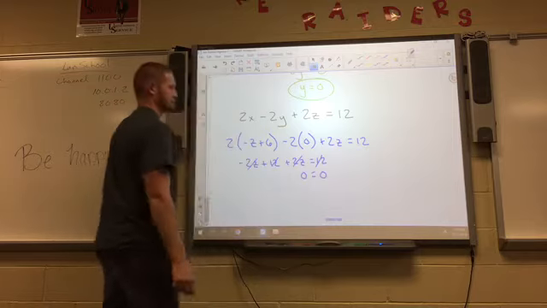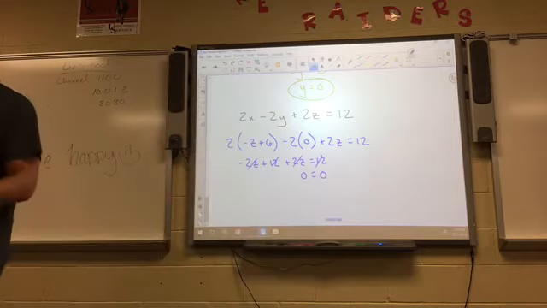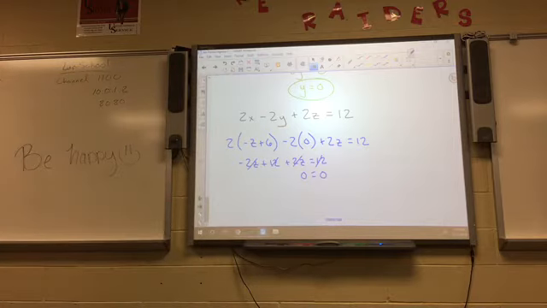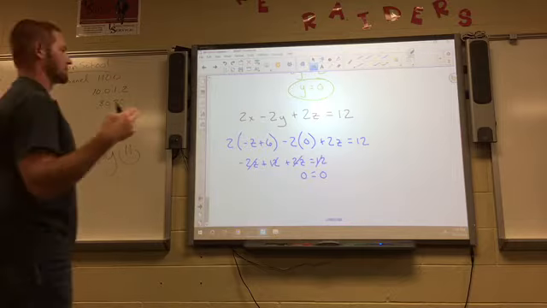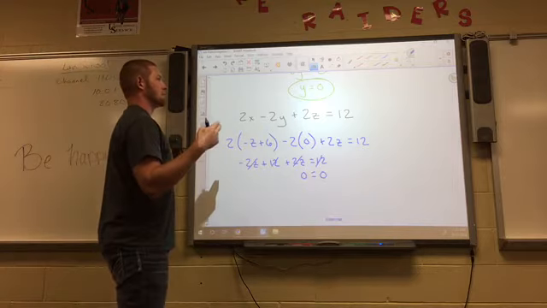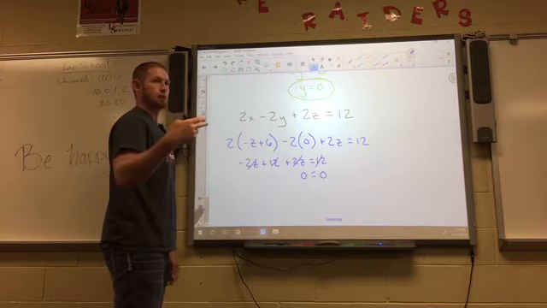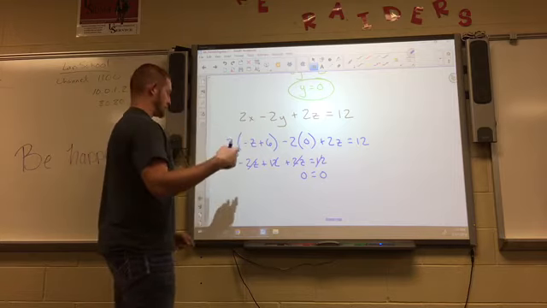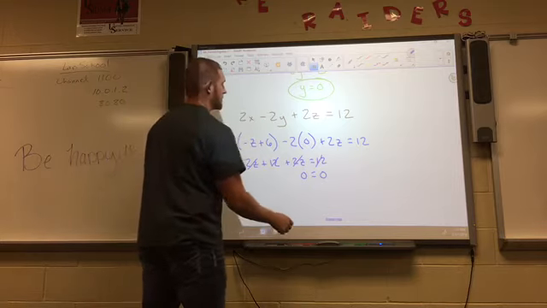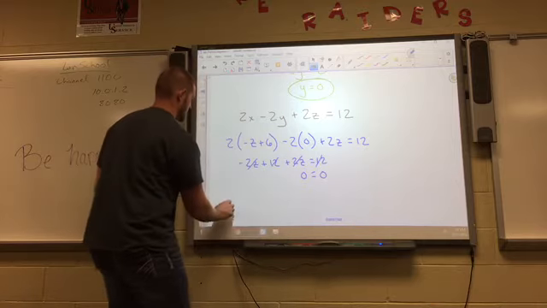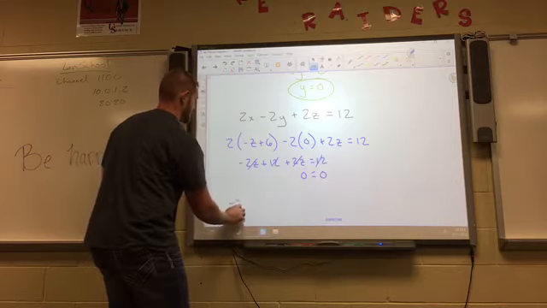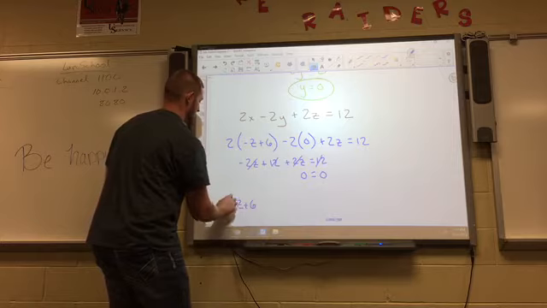And what that tells us is that it doesn't matter what I plug in for z. Okay, because z can be anything. Meaning this line is probably on my z-axis somewhere. Okay, when you write your ordered triple, your x is negative z plus 6.